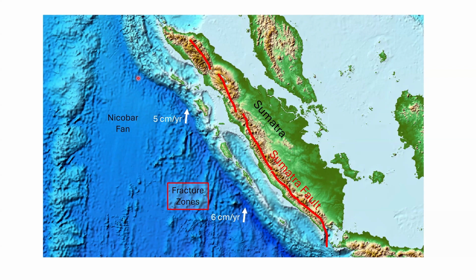So the trench is still funneling sediment down along here, and we'll see some seismic profiles through this area that show us the sediment in the trench that's being accreted. At this point, we start to see islands forming on top of the accretionary prism. Simalui Island here, Nias here, and some other ones up to the north.